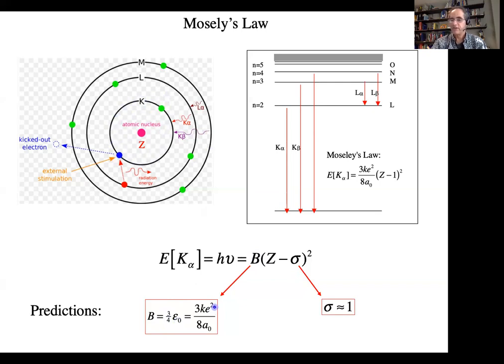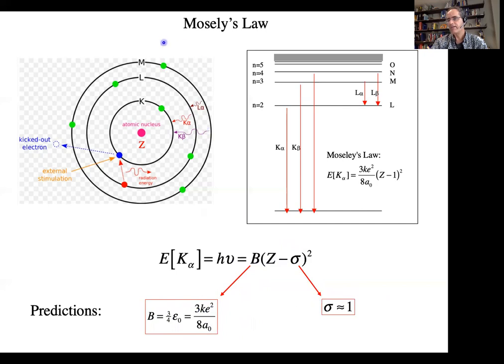And then, since we have an expression for the binding energy of the hydrogen atom, we can rewrite this term here in terms of fundamental constants. Also, in the simplest theory, sigma, the screening parameter, would just be 1. Real multi-electron atoms are somewhat complicated, so we might expect that the screening parameter won't be exactly 1, and perhaps we'll get a slightly different number for B as well.